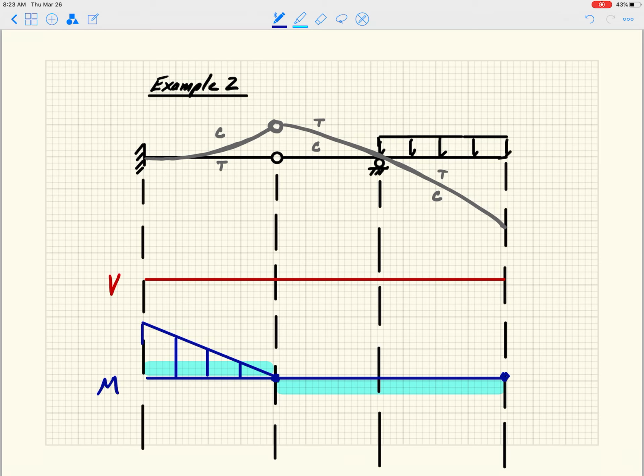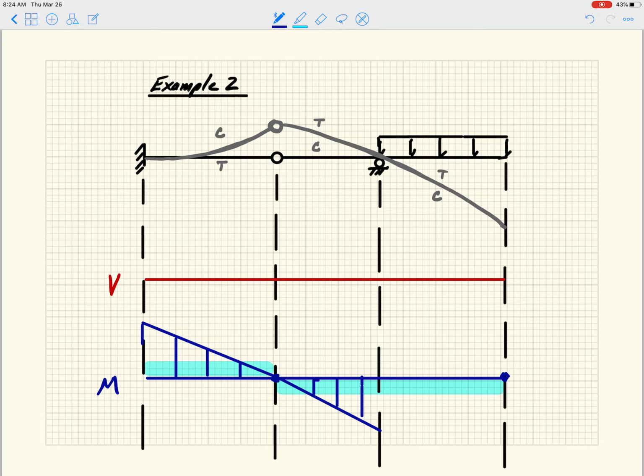Again, you've got to try it on your own to convince yourself that there's only one solution to these. I know it seems arbitrary. And then we're on the bottom. So between the hinge, the moment release, and the roller, there's no load, so again that has to be linearly varying, like that.